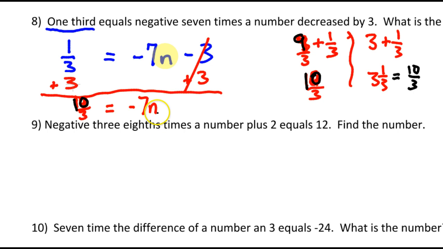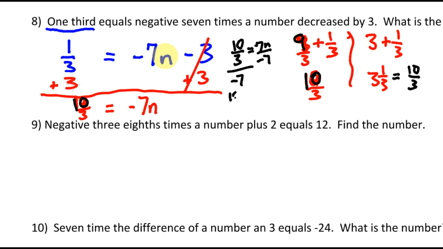Last step would be to divide by -7. So this will be the sum right here. Divide by -7. How do we divide 10 thirds by -7? Split it over 1. Right.